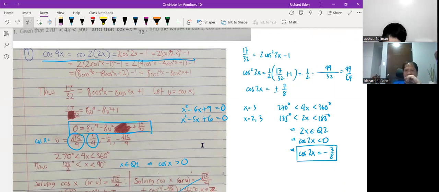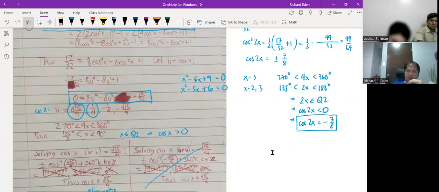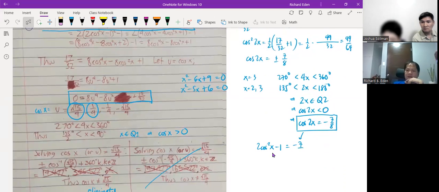So at this juncture, what remains to be done is to figure out cosine of x and cosine of 3x. So again, this is going to be 2 cosine squared x minus 1, and then that's equal to negative 7 over 8.